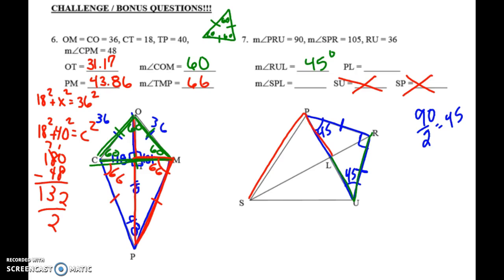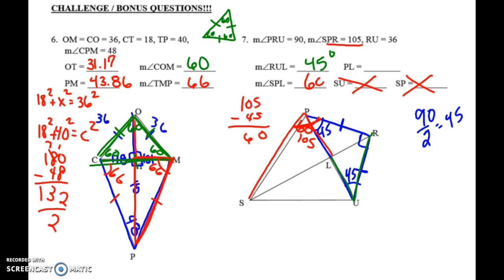Where did y'all go next with it? Well, here, PL, let's see, that's 90. Oh, SPR. Oh, I'm sorry. It said that this whole thing is 105. So 105 minus the 45, right? Would be 60. So this angle right here is 60.